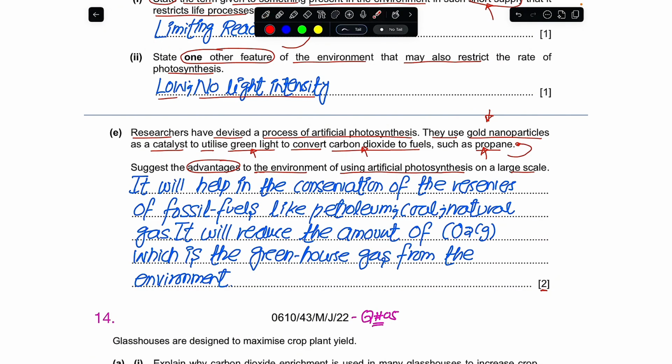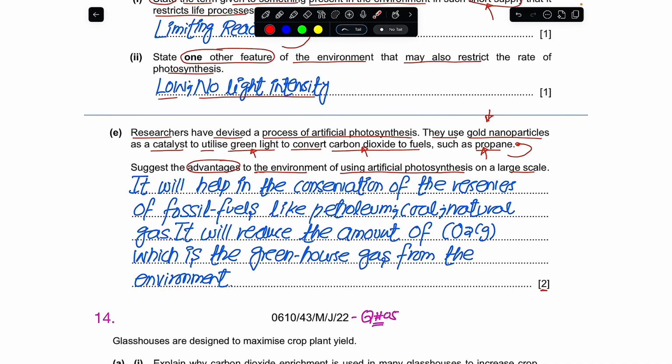Since we are making this fuel from the CO2 in the external environment, that would lead to the conservation of the reserves of fossil fuels. As of now, there is a great load. We are using more petroleum, coal or natural gas to obtain this propane. But once we do it this way, the load on fossil fuels will reduce.